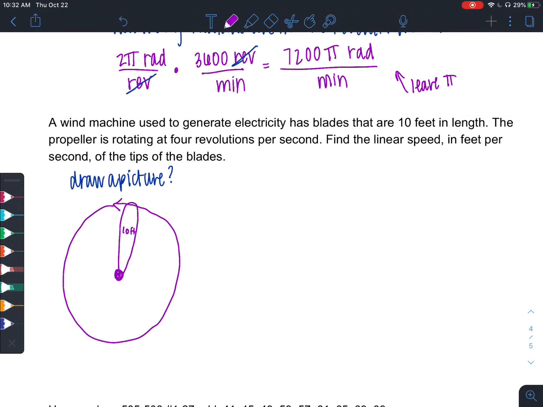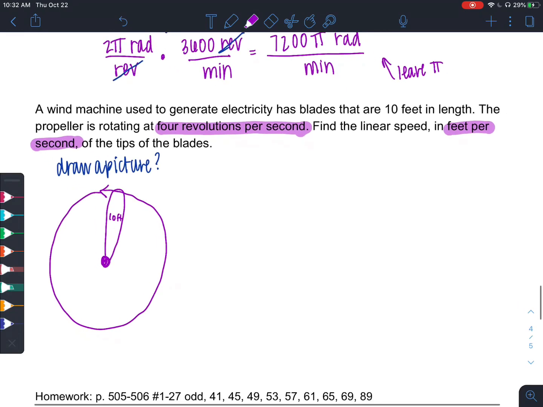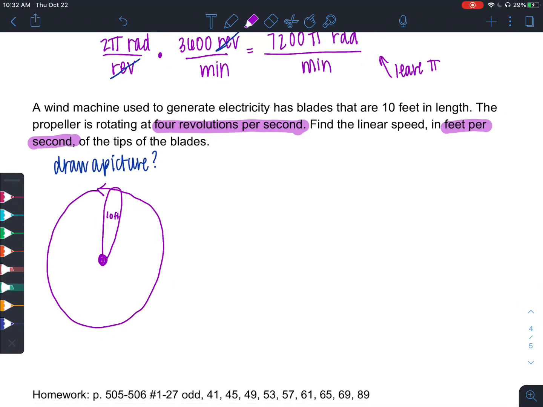Okay, so currently we have our information in revolutions per second, but we want to get it into feet per second. So we're going to have to do a conversion here. So we'll go ahead and start with our normal. So we have 4 revolutions per minute.